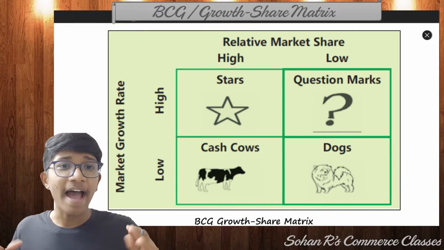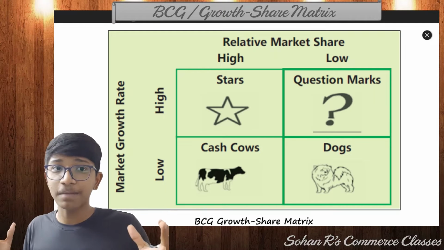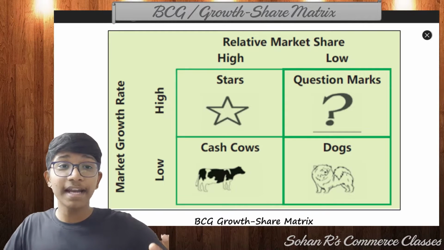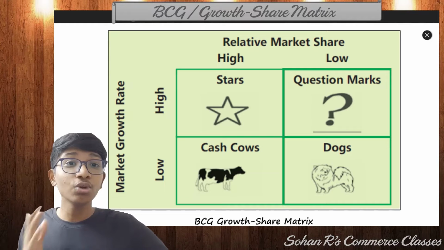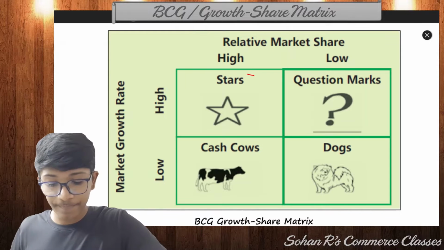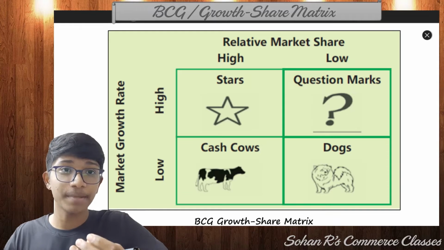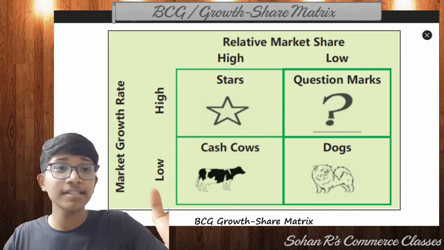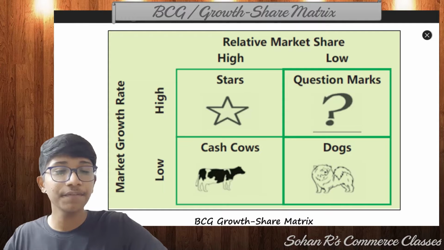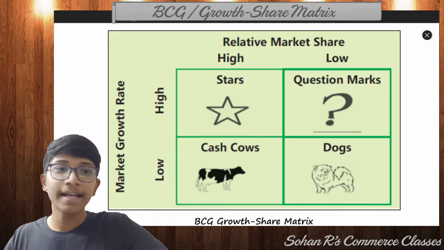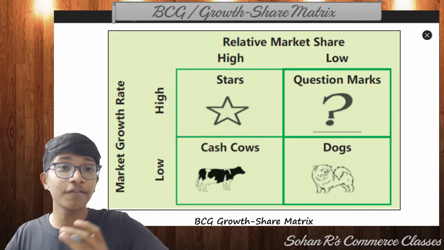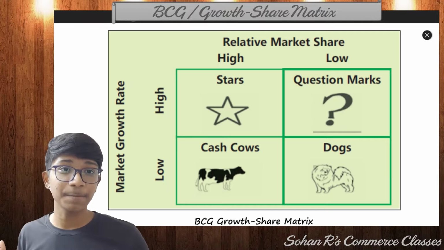Where you already have a higher market share in the market and your growth rate is already expected to be higher, those kinds of products are known as your stars. These are the best opportunity for your company. You'll have a tremendous amount of profitability from such products. An example of this is Reliance Industries Limited.